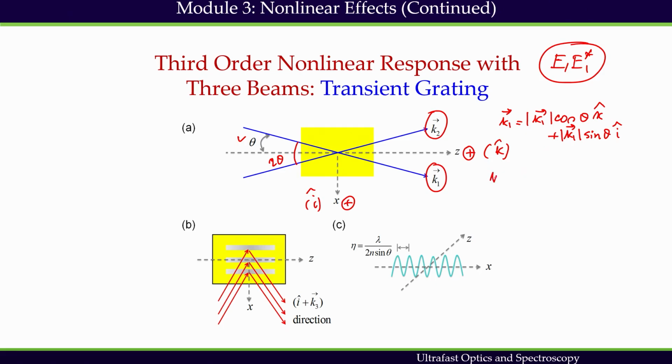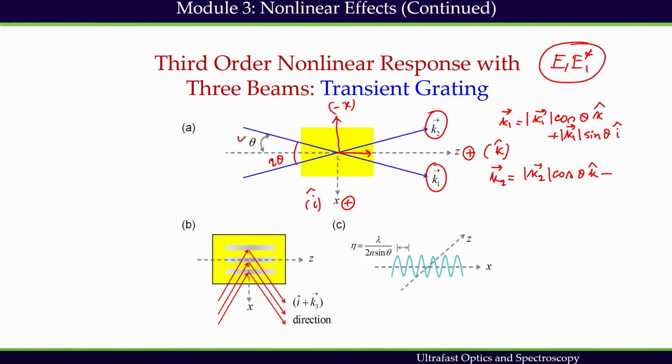On the other hand, K2 can be written as K2 magnitude cos theta along the z direction, minus, because I am now decomposing along this direction, so this is the minus x direction.